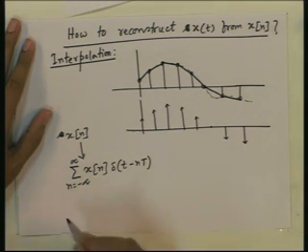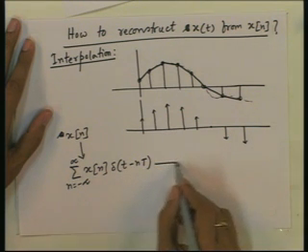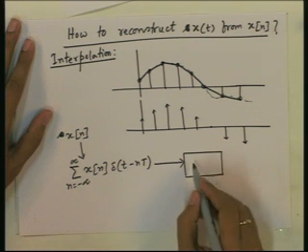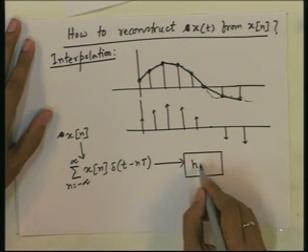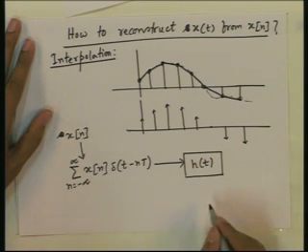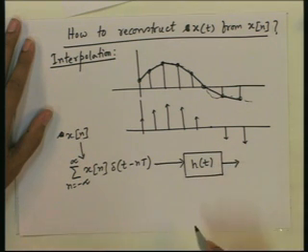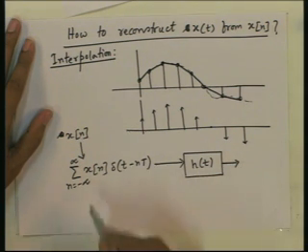So, this is an analog signal now, and then we pass it through an analog LTI filter with impulse response h t. H t is the impulse response of the filter. Then what we get here is the convolution of h t with this.